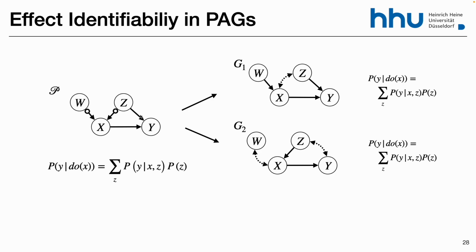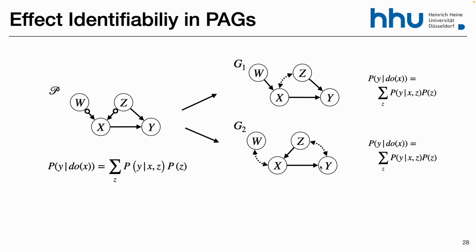Z is blocking all the confounding paths, doesn't matter what the model is. That's the idea of the definite non-collider. But this doesn't mean that this is a direct edge in every model, right? It's an ancestral relationship. So that's the concept of effect identifiability in a PEG: the same formula is valid for all models in the class.